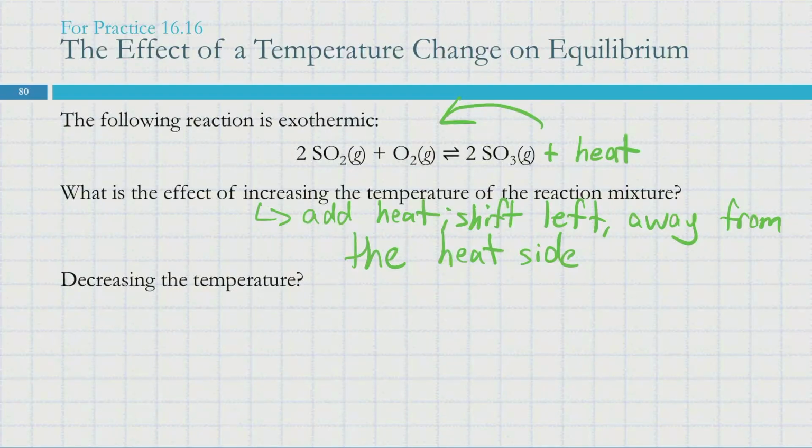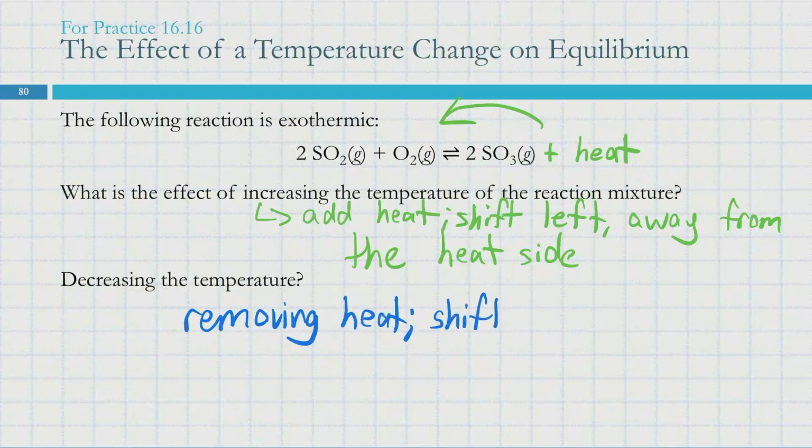If we decrease the temperature, that's the same as removing heat. So we will shift right, towards the heat side.